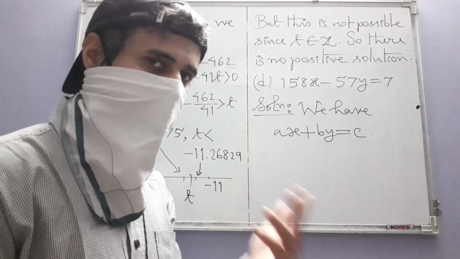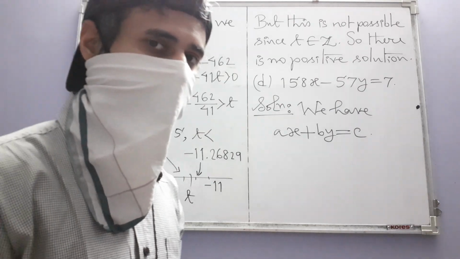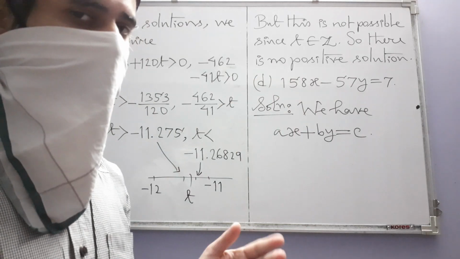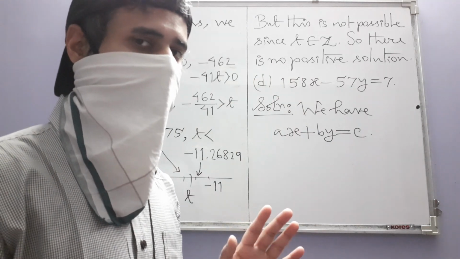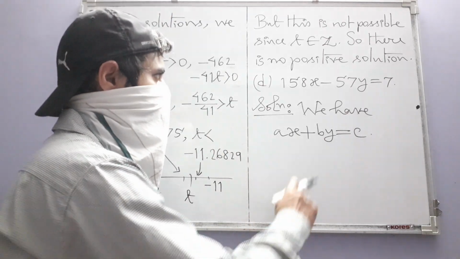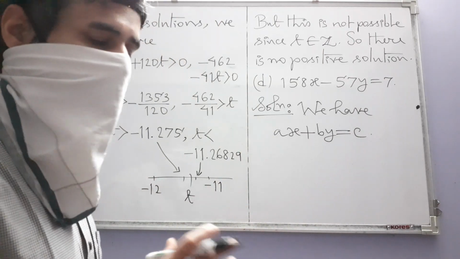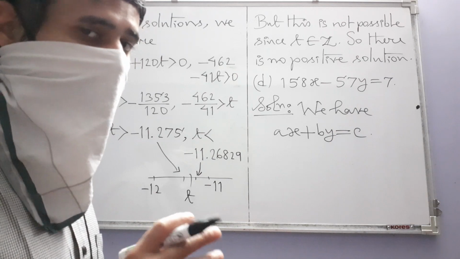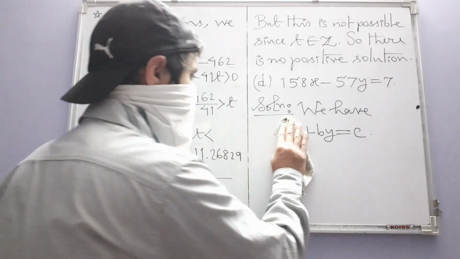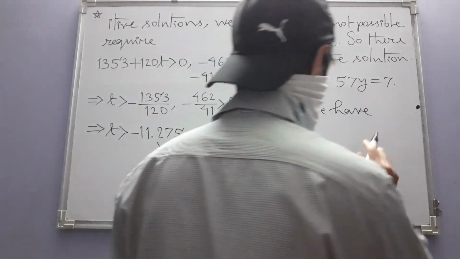That will also be the GCD of 158 and minus 57, because when we calculate greatest common divisors, the signs of the numbers involved do not matter. This we already discussed before. So getting rid of the minus sign while calculating the GCD will simplify things. We do not mention anything about this though.